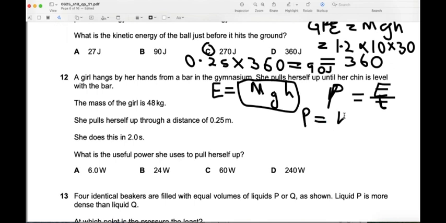Mass is 48, so we put 48 multiplied by gravity, which is 10. Gravity is always 10, okay? Multiplied by height. The height they gave us was 0.25. So we multiply by 0.25.